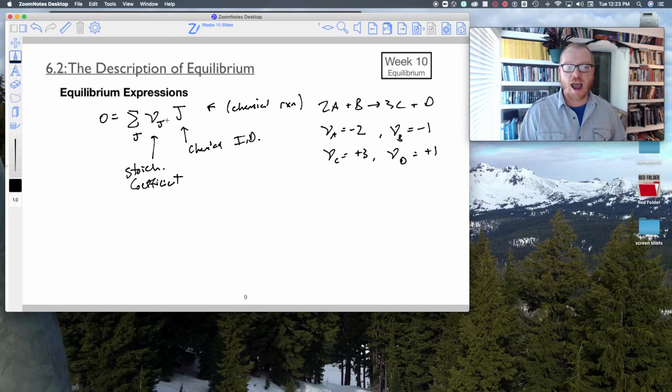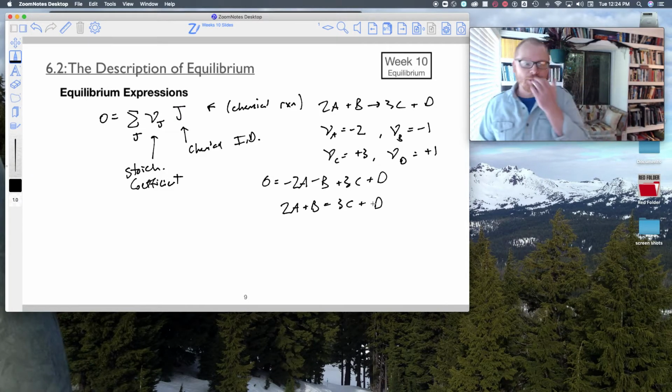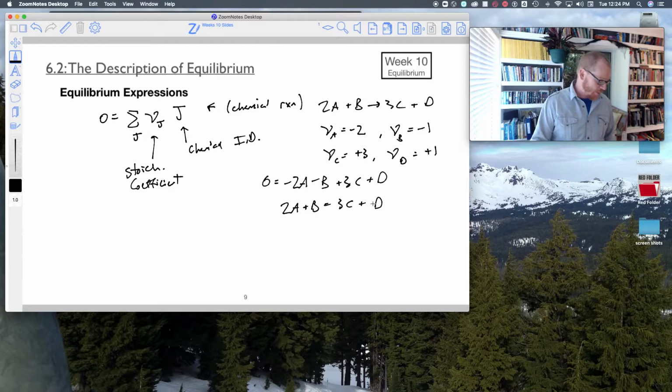Now if I put that together, that says 0 equals -2A minus B plus 3C plus D. And if I rearrange this, you can see it's 2A plus B equals 3C plus D. So that's how we establish a mathematical definition of a chemical reaction.